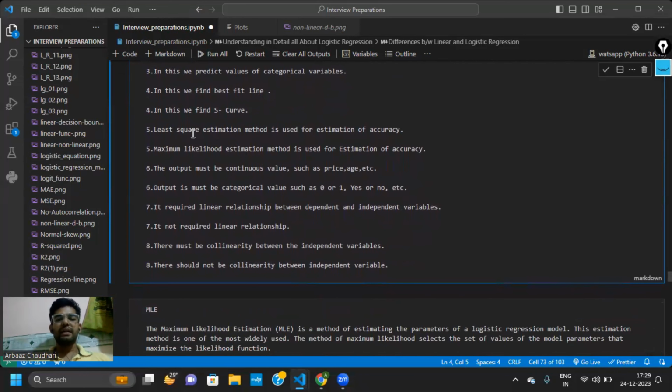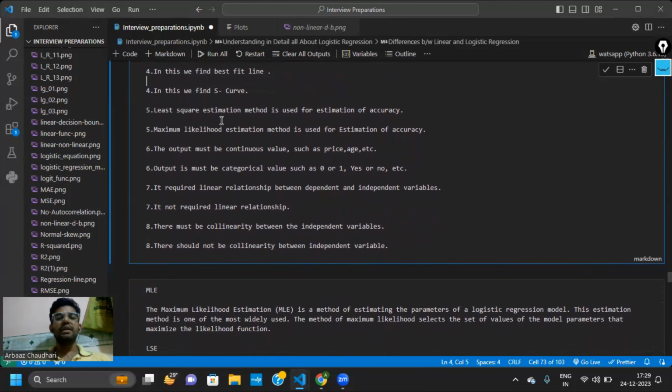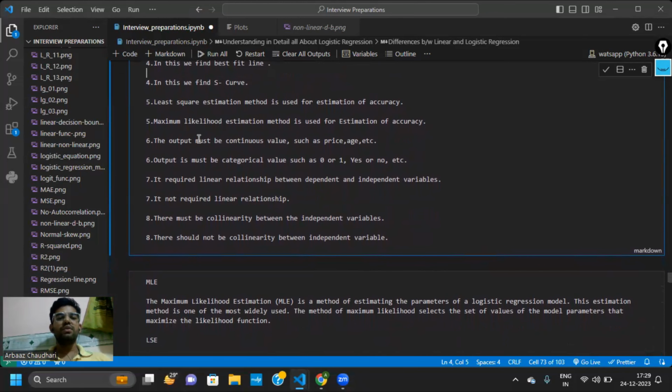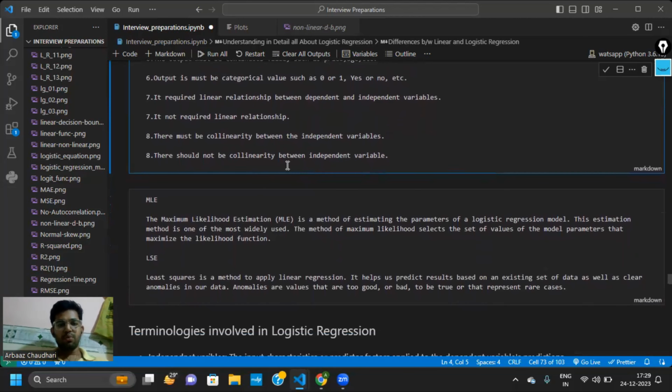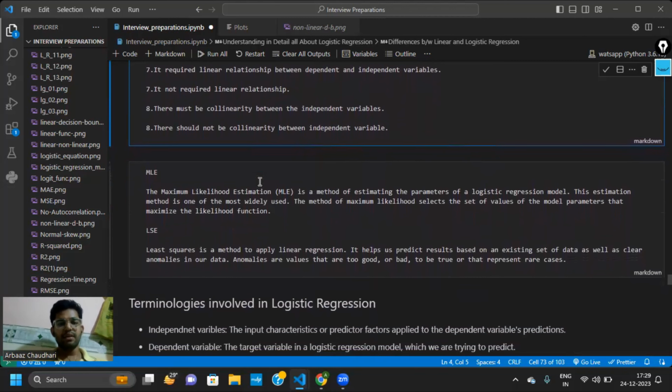And the next point is the estimation method used for estimation of accuracy. In the linear regression, which we saw, the least square estimation method is used. Let me read out more about what LSE, least square estimation, is.